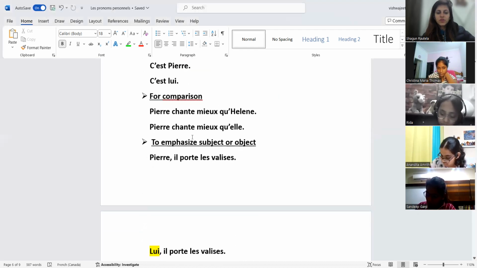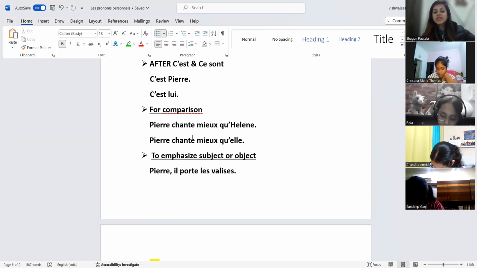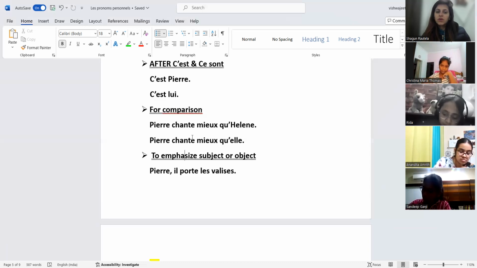Okay, so different usages. Then we also have this usage. Whenever we want to emphasize the subject, sometimes in a sentence we write the name and we also refer to it with the subject pronoun. Pierre, il porte les valises. He's carrying the suitcases. So Pierre we are writing, and also il. We're writing both things.